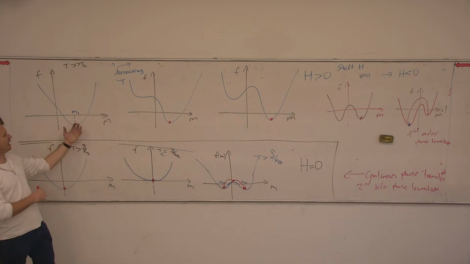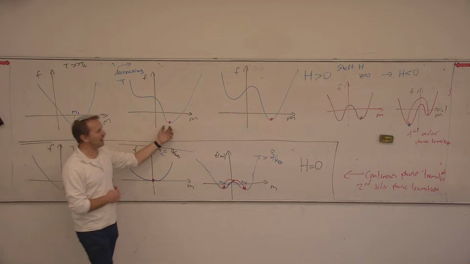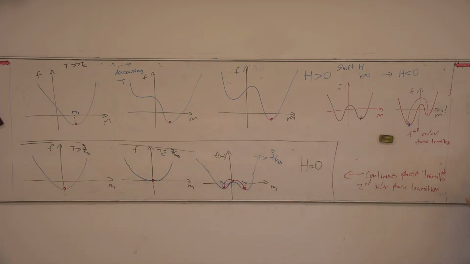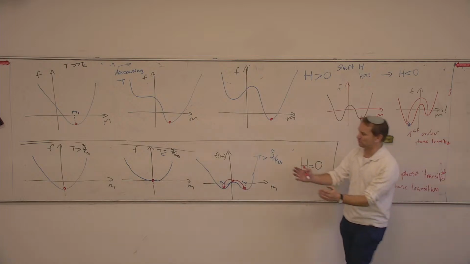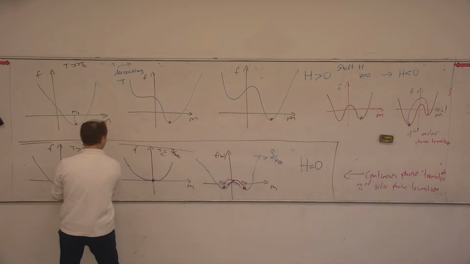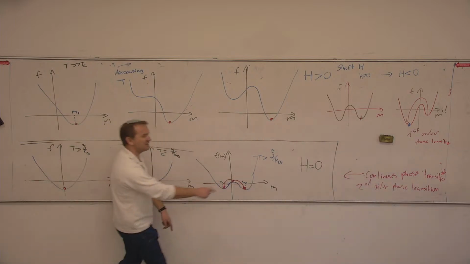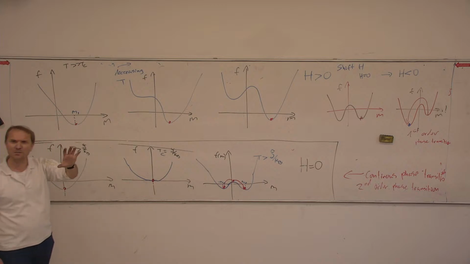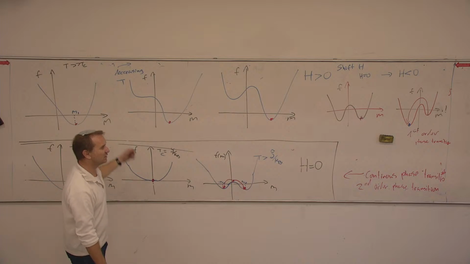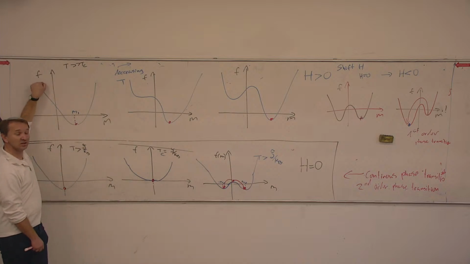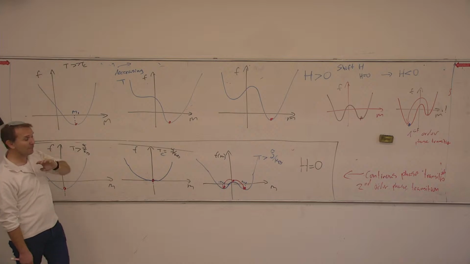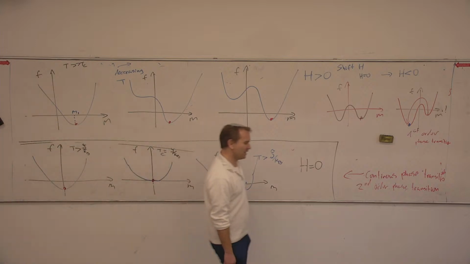When I have a finite shift from a single minima to another single minima, it's a first order phase transition. When I have a continuous transition or splitting of one single minima into two additional minima, I'll have a second order phase transition. So the only thing that I need to explore in order to understand the behavior of phase transitions is the free energy, how it behaves as a function of some order parameter. Explore it, and you will know everything. We will stop here.